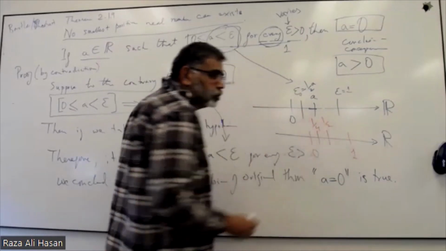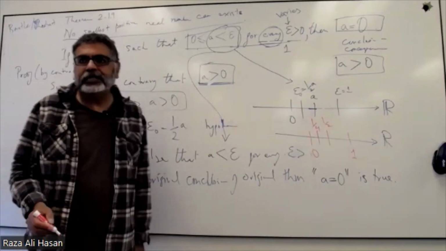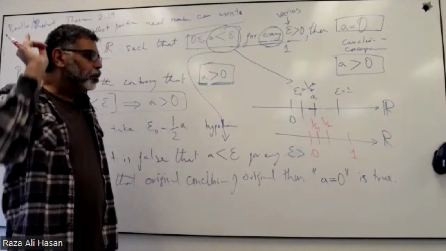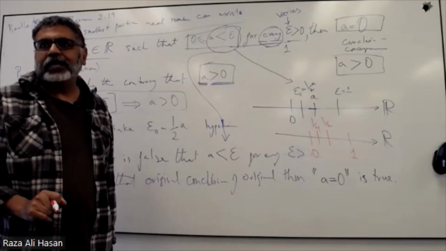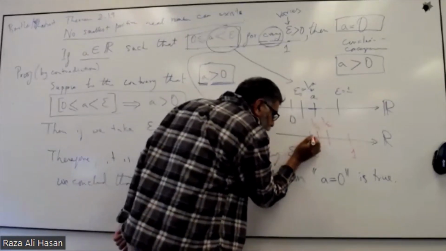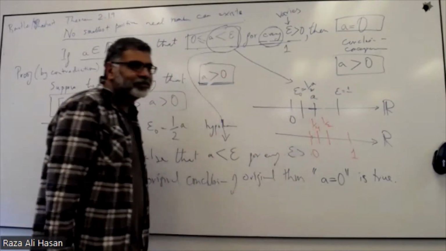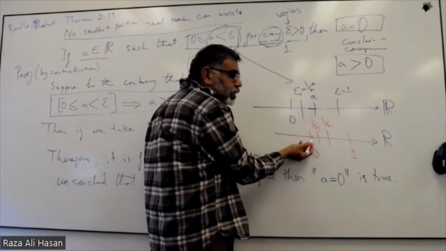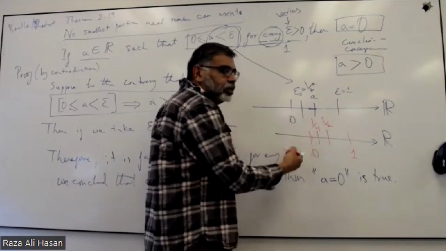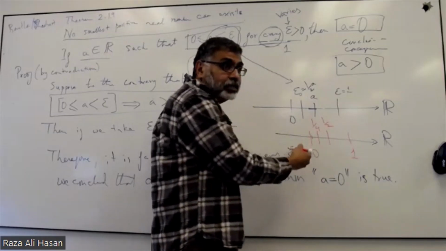Sure, 1/4. Between 1/4 and 0, how many positive real numbers are there? Infinitely many. Is there a number which is smaller than this number that I just chose? Yes, towards the left. And we can keep doing this forever.